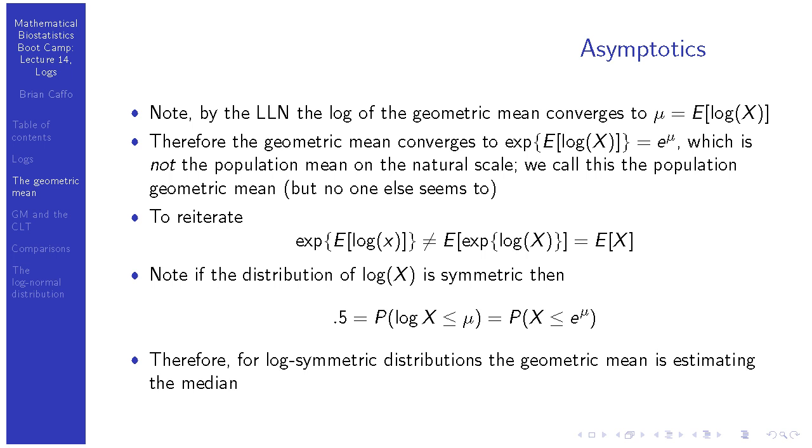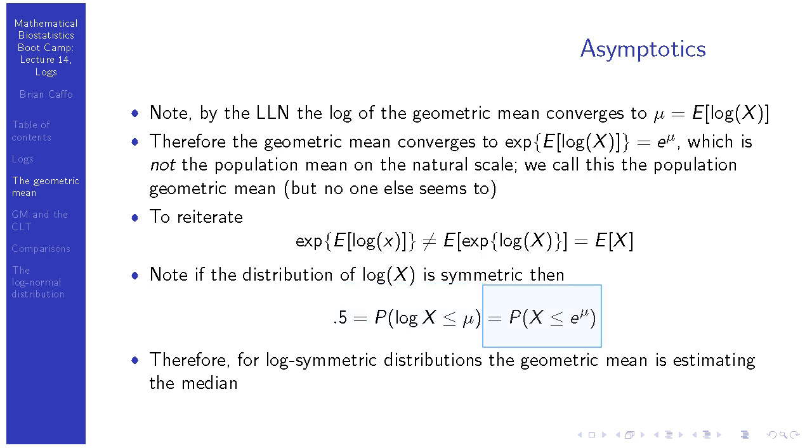The median is the point where 0.5 is equal to the probability that log x is less than or equal to mu. And in this case, because log x is symmetric, mu, the mean on the log scale, is in fact also the median. So this first statement is just reiterating that for this distribution that's symmetric on the log scale, the mean and the median on the log scale are equal.